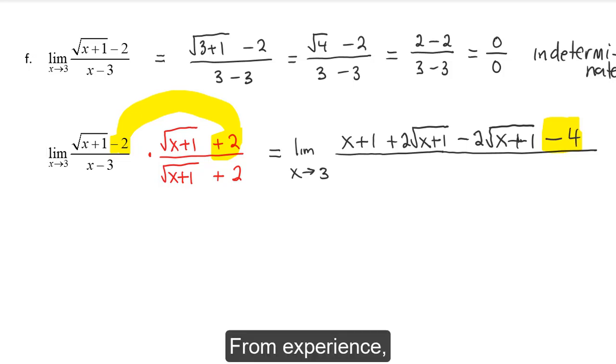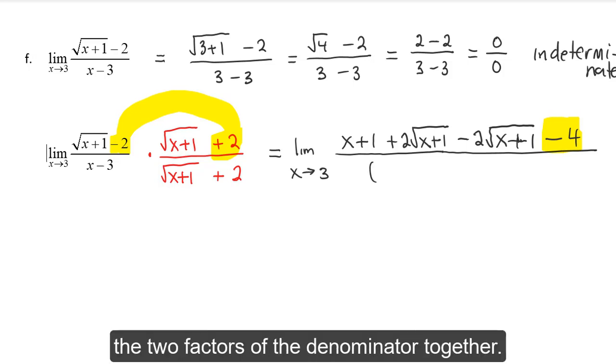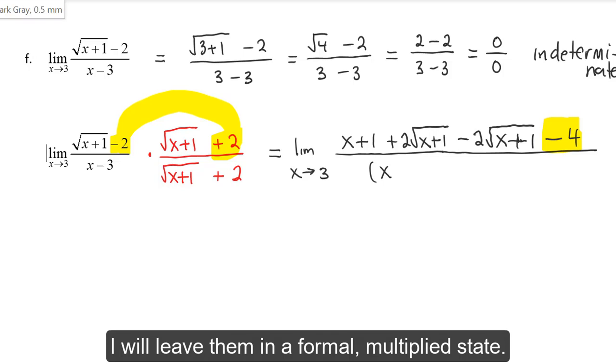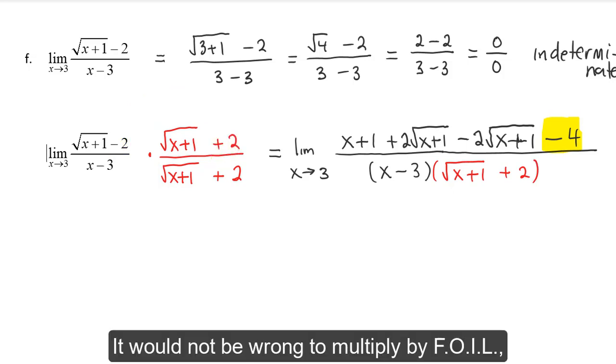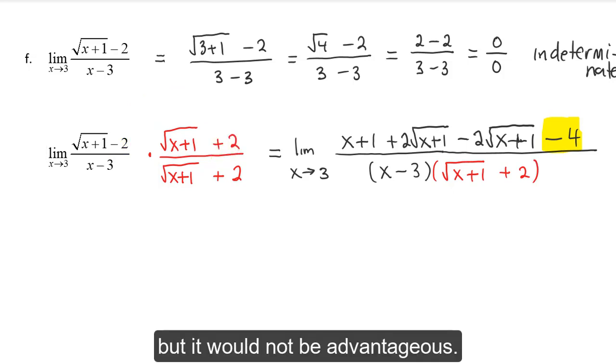From experience, I am not going to multiply the two factors of the denominator together. I will leave them in a formal multiplied state. It would not be wrong to multiply by FOIL, but it would not be advantageous.